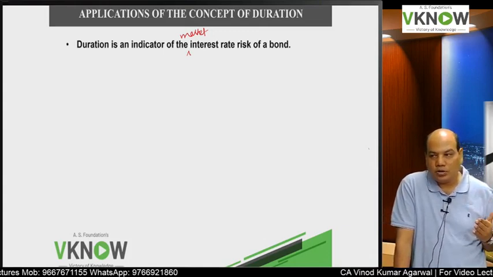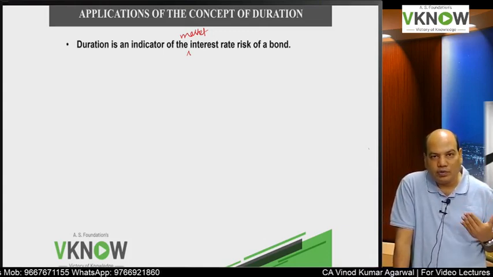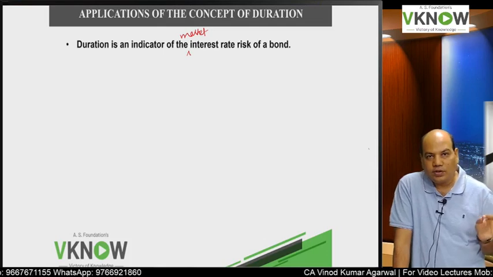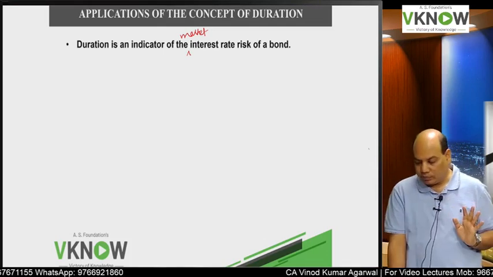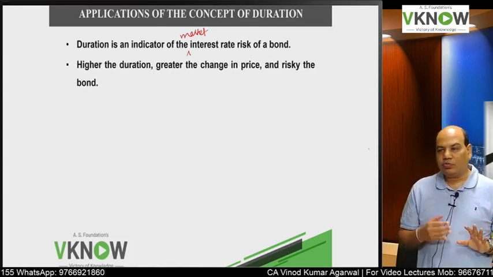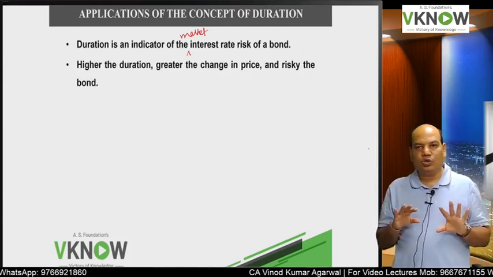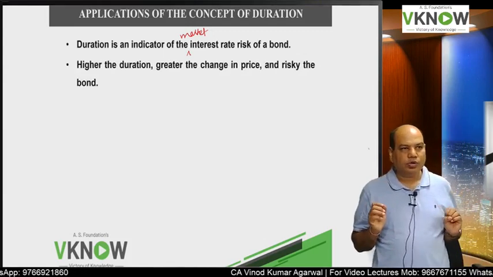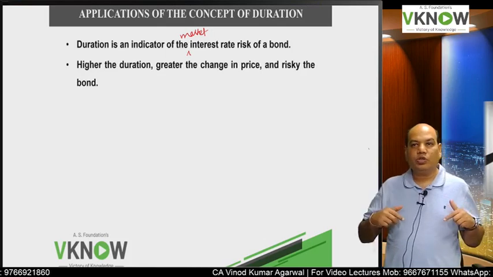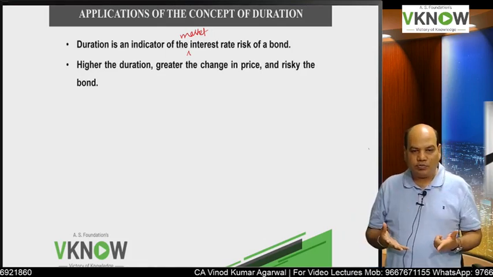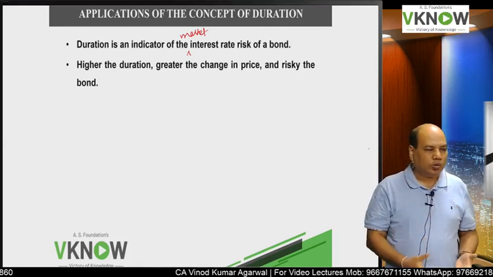Higher the duration, higher will be the change in the value of the bond for a given change in YTM. So if you are a fund manager and you don't want to take high risk, what will you do? Do not invest in bonds with higher duration. Invest in bonds with lower duration.